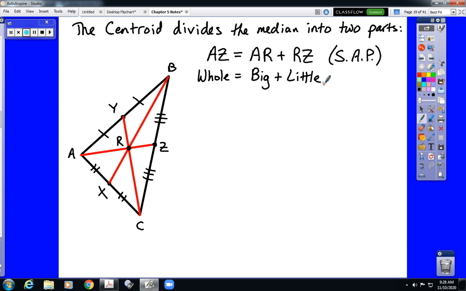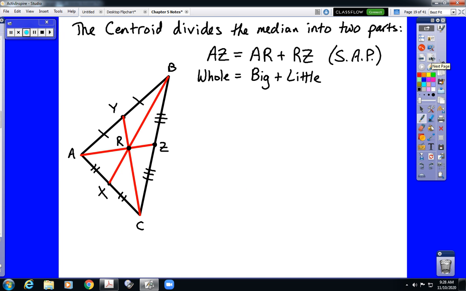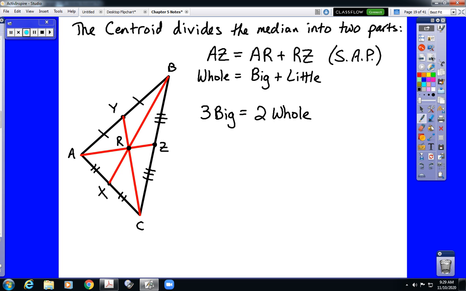Now, in addition to that, for every median we also have those other three relationships, 1, 2, 3. So there are three other equations that we could get based on medians here. We could say that 3 times the big piece is equal to 2 times the entire length. That was the first relationship, rewritten in general form to apply to any median.